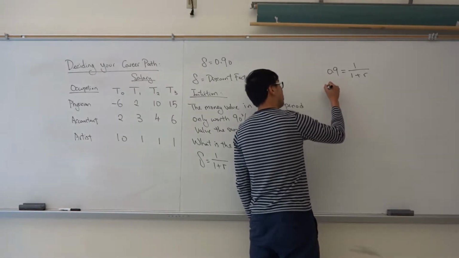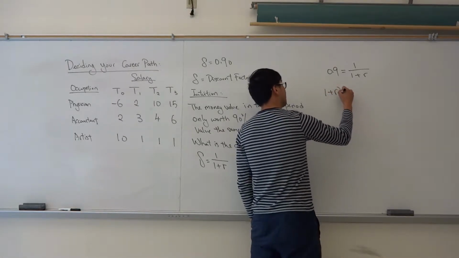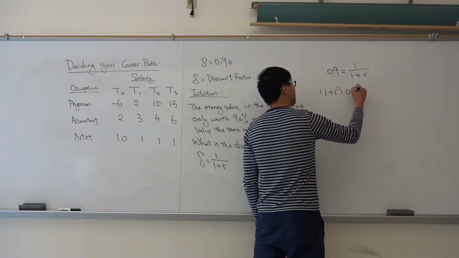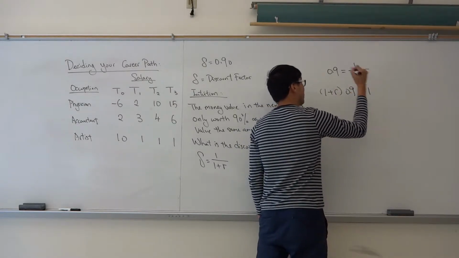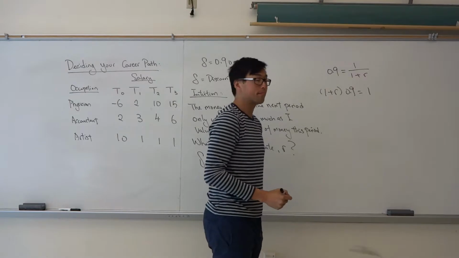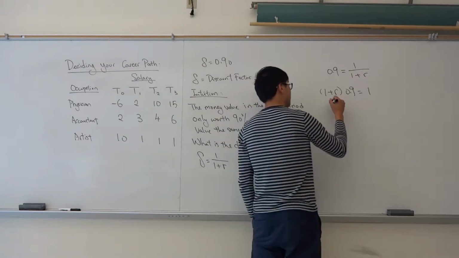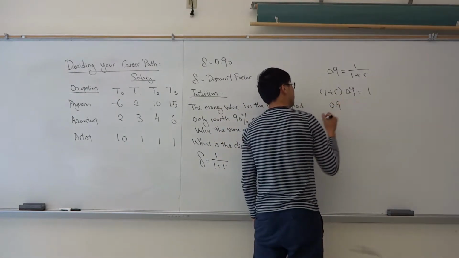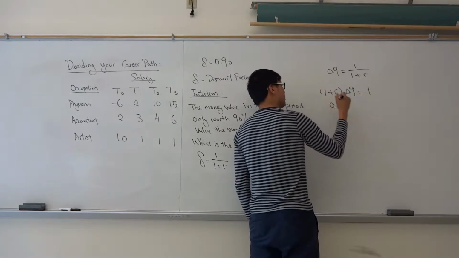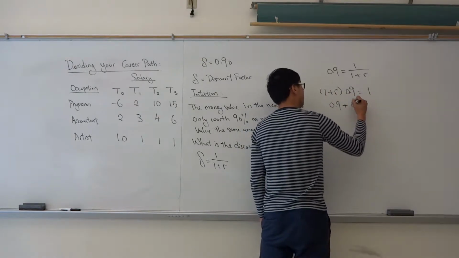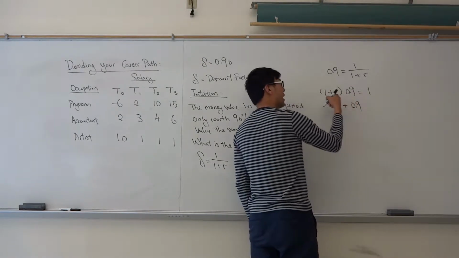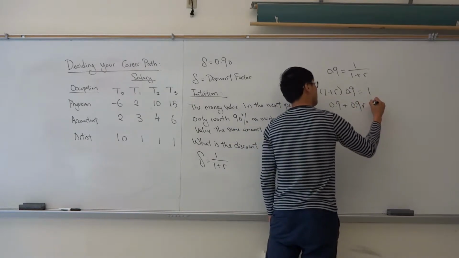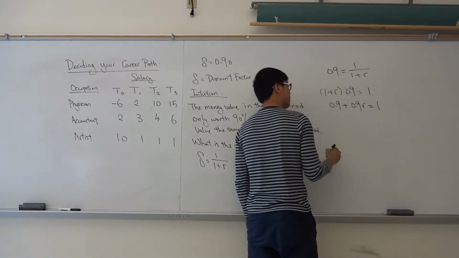So I have 1 plus R multiplied by 0.9 is equal to 1. 0.9 times 1 plus 0.9 times R is equal to 1.